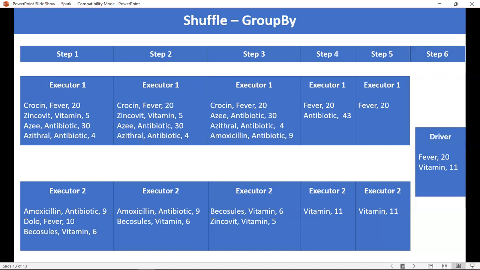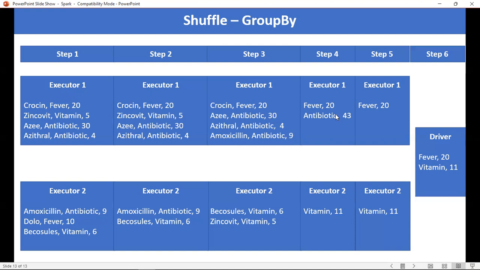A narrow transformation is one wherein we are not moving the data between the machines. We also did something called a sum here. Between step 3 and step 4, you can see that machine 1 had fever and antibiotic, right? We just used the output of machine 1 to aggregate with some function and came up with the result fever 20 and antibiotic 43. 43 because you have AZ 30, Azithral 4, and amoxicillin 9.